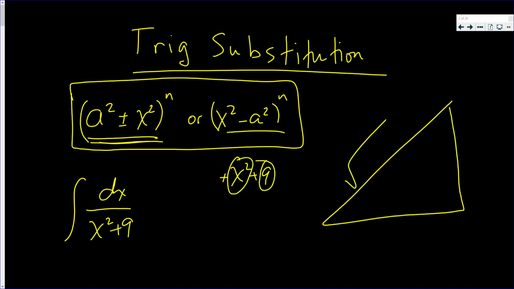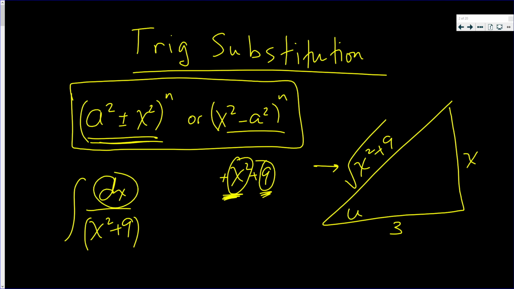That means the whole thing goes on the hypotenuse under a square root sign. Even if this was to the 5th power, it's going to go there under the square root sign. One of the sides gets the square root of the x squared, and another side gets the square root of 3 squared. And we call the angle u.